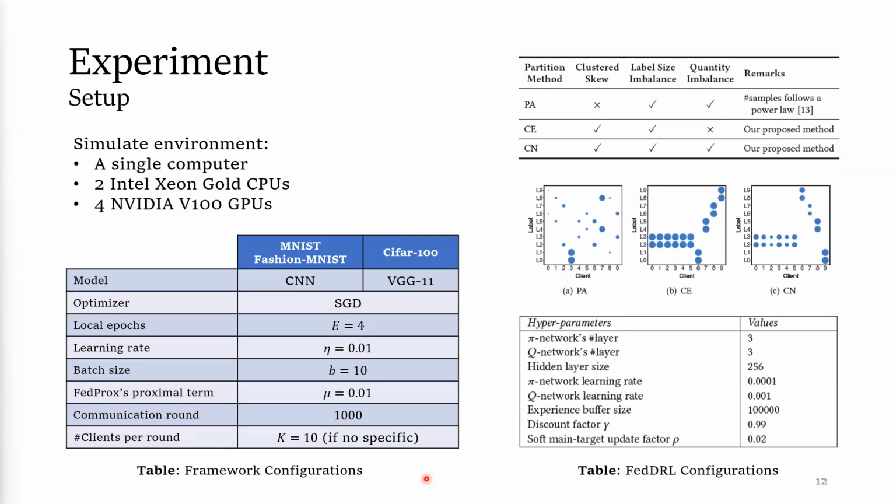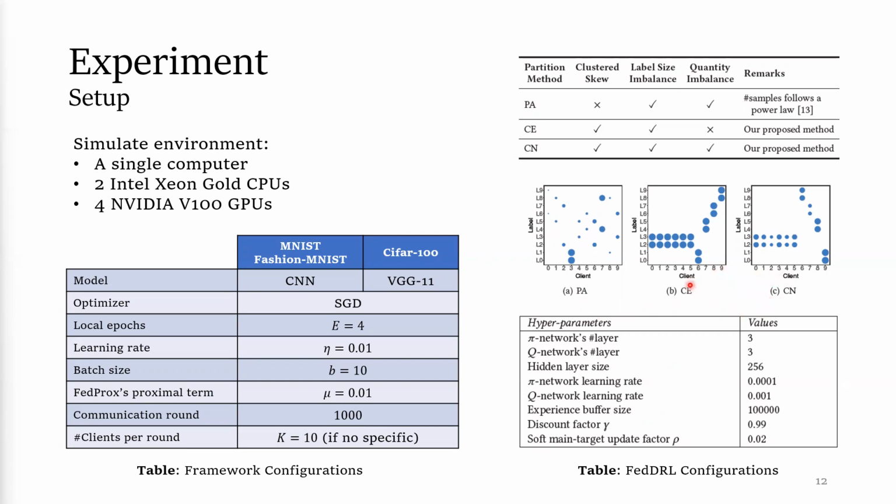Now, we set up the experiments. We conduct experiments on a single machine only, equipped with 4 GPUs for parallelism. The 3 main scenarios that we would like to test are described on the right, as you can see here. The first is the non-IID Pareto, which is denoted as PA for short. The other 2 are cluster skew, with the number of samples varying.